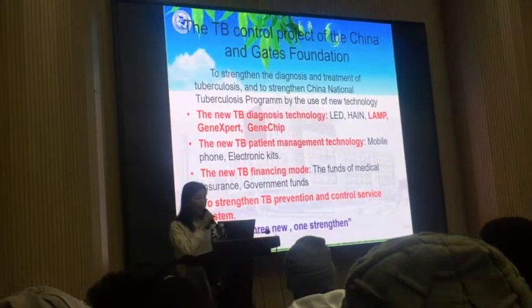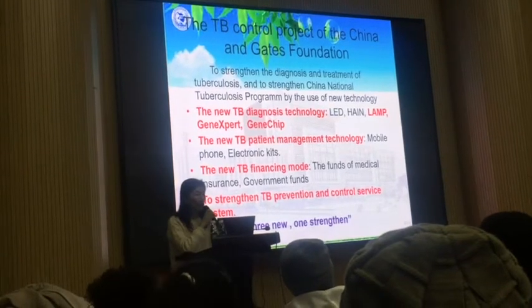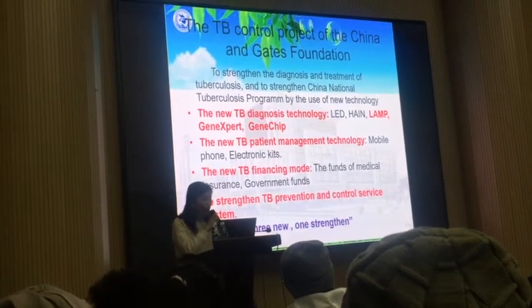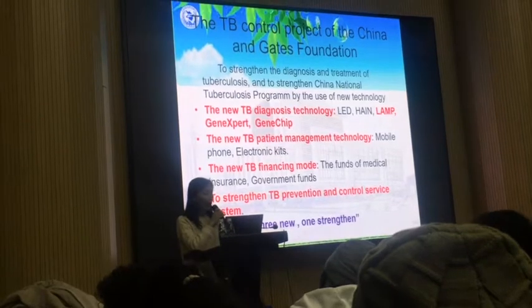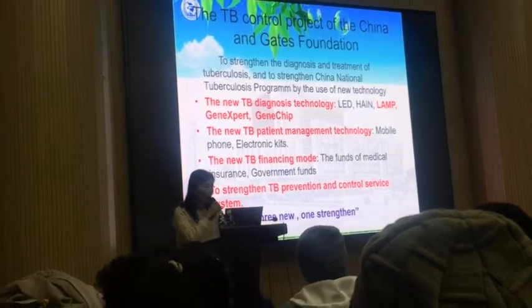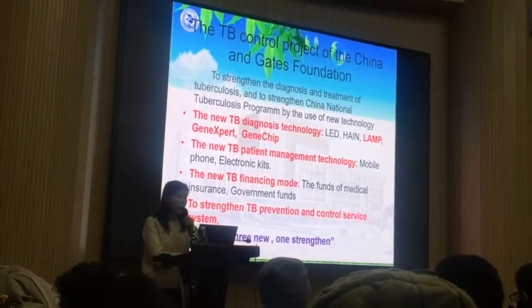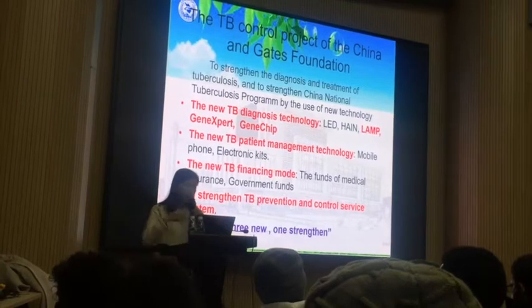And the third new is the new TB financing mode. The funds of medical insurance and government funds strengthen the TB prevention and control service system. What is the service system?